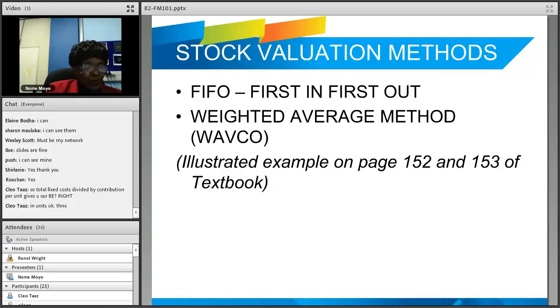In the example, on FIFO, you have 100 times 10, you get 1,000. On the third, you issued 40, which means you are issuing the first in. So far, you only have the 100. When you issue 40, you remain with the 60. They were all 10 rands, meaning that the value of closing stock is 600.